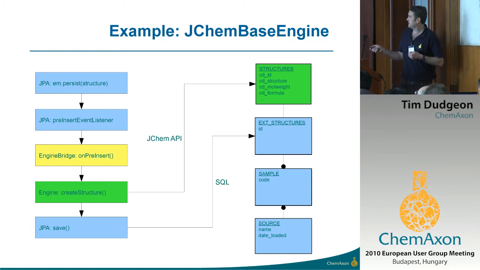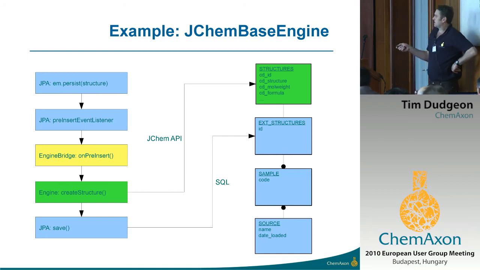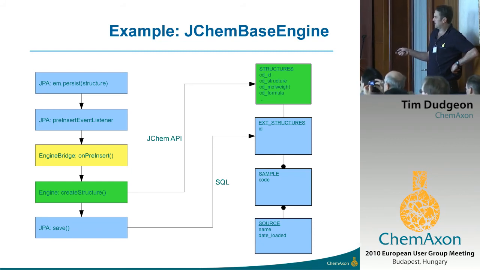And it sort of goes like this. You start with entity manager persist, and so basically this is the user or the developer saying save this structure. The pre-insert event listener intercepts that operation and says, engine bridge, do your stuff. I've been asked to insert a new structure. The engine bridge calls the engine and says create structure.